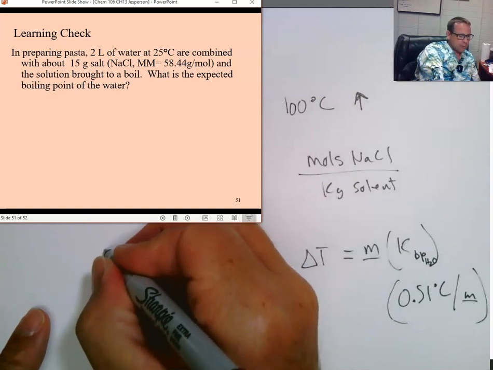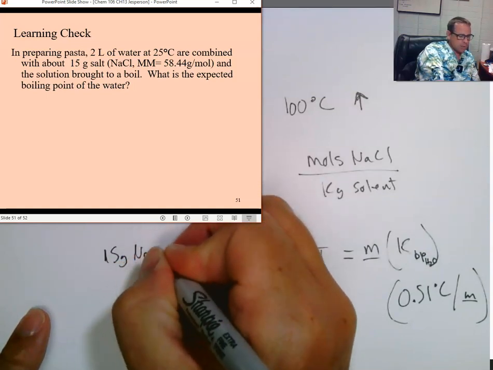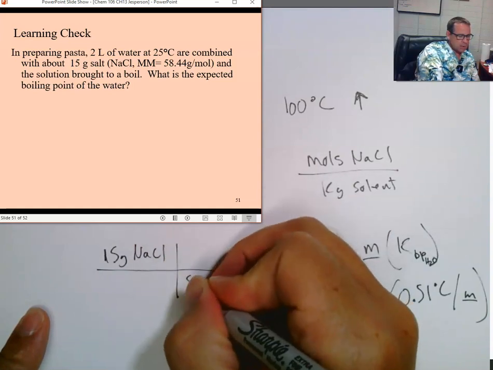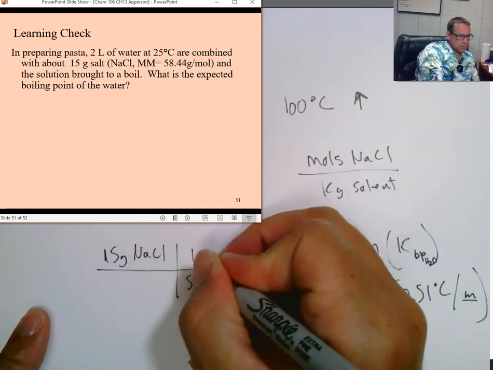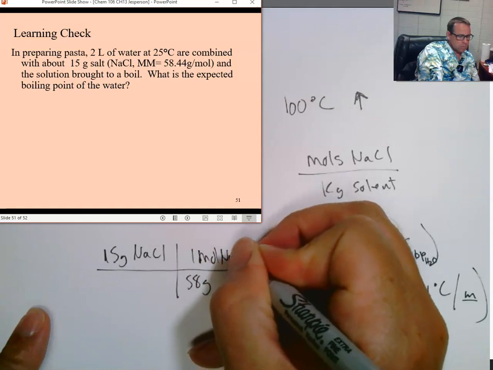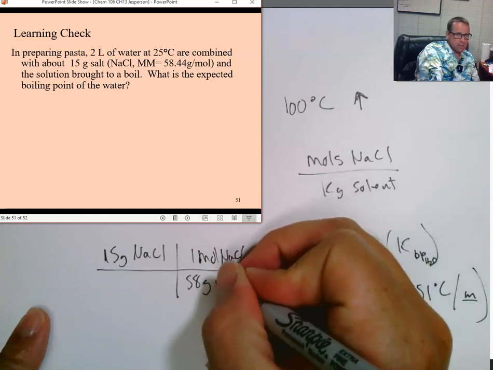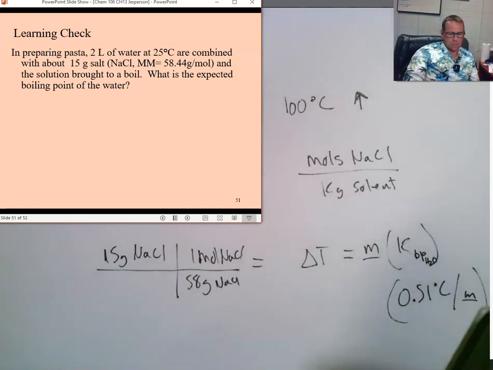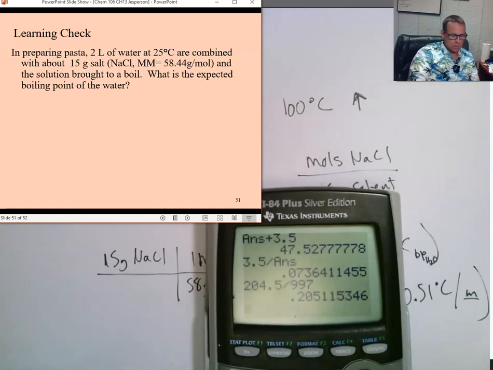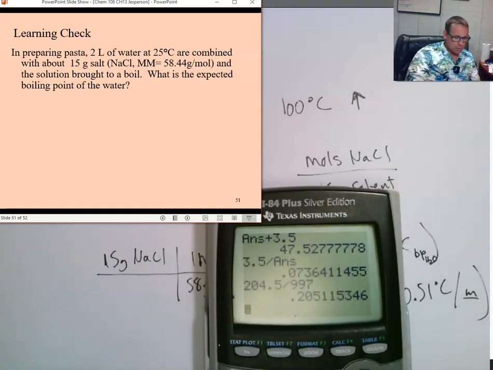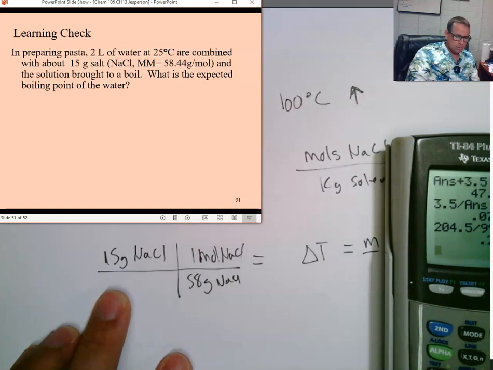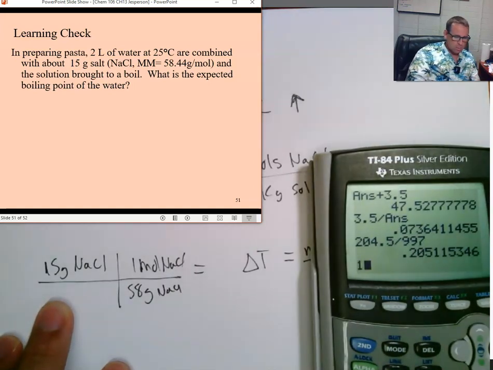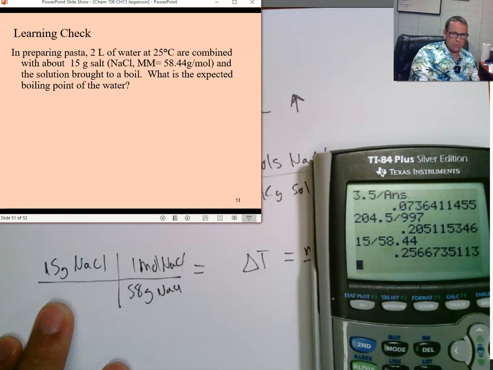That's right. So if I have 15 grams of NaCl, I need to convert that to moles of NaCl. They gave it 58.44. There it is. So 15. There's my moles, 0.257.